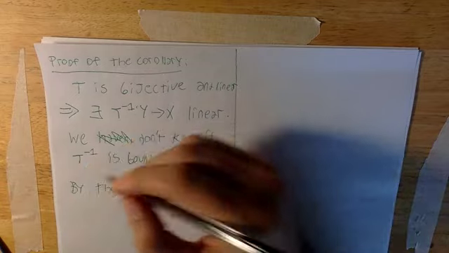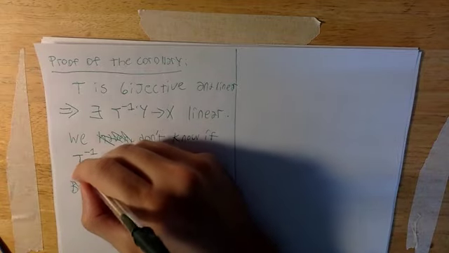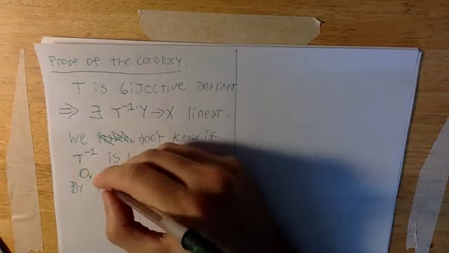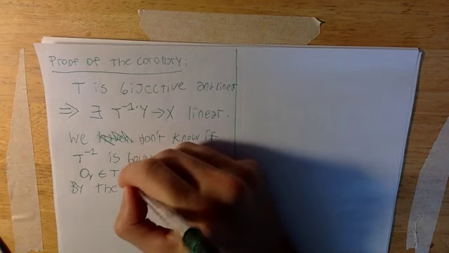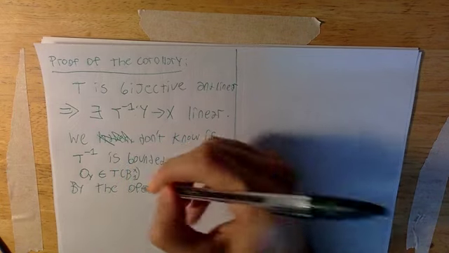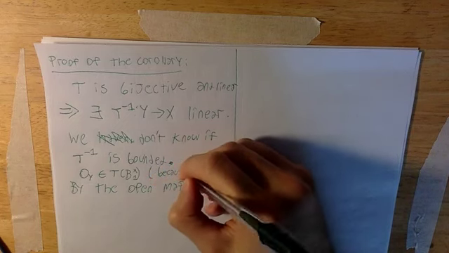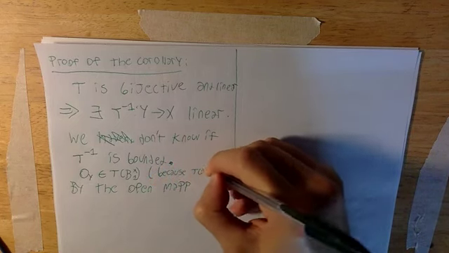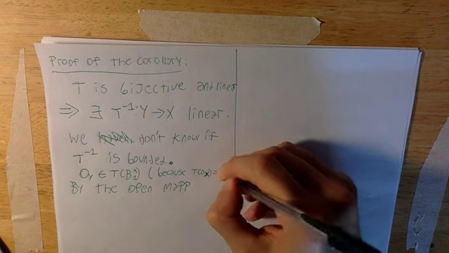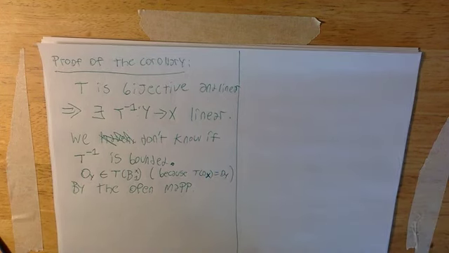Let's start with the following realization. The 0 in Y is in T of B1 of X. This is because T of 0_X is equal to 0_Y, just by linearity.